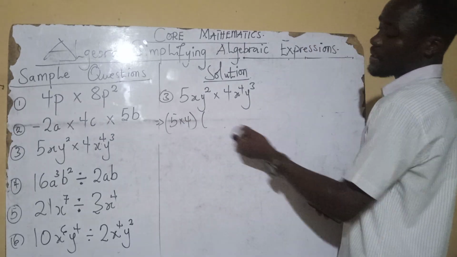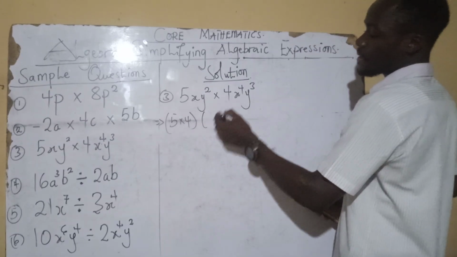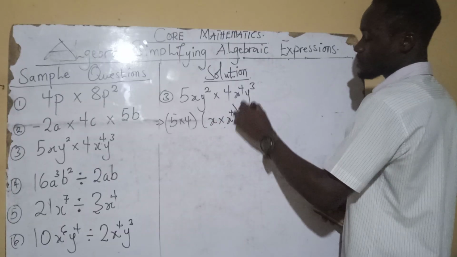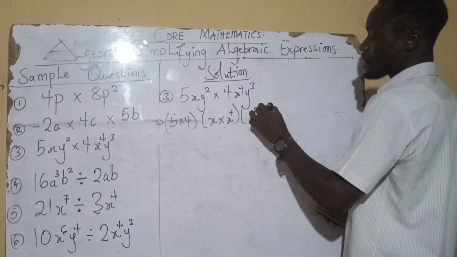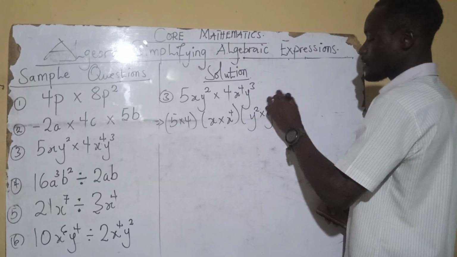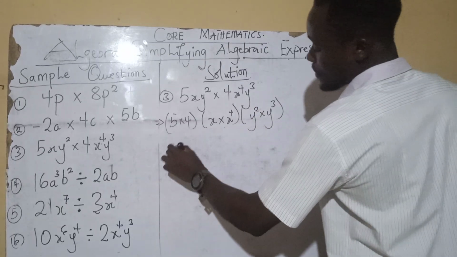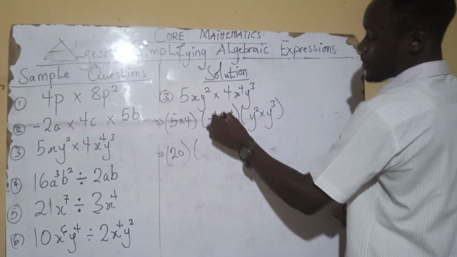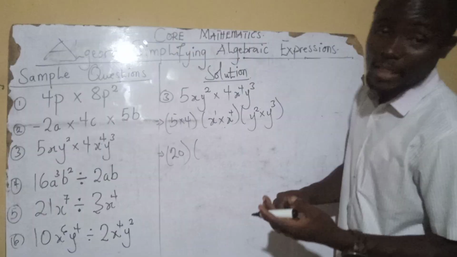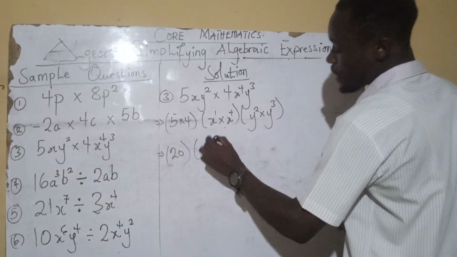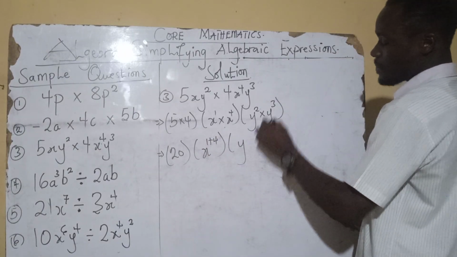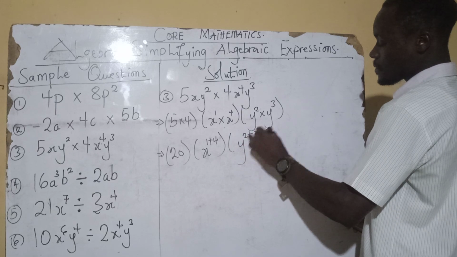Then here you could see that I have x, so I can group x multiplying x power 4. Then I can also group y squared multiplying y power 3. So here I have 20. Here the power is 1. So because it is multiplying, I'll add the powers. So I'll have x power 1 plus 4. Then y power 2 plus 3.